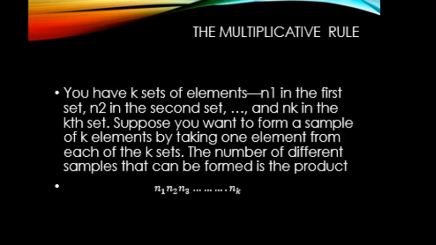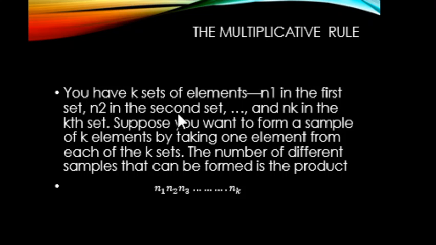And we want to form a sample of k elements by taking one element from each of the k sets. Each of these k sets has N1, N2, up to Nk items in it, and we want to figure out the number of different samples that we can form here.